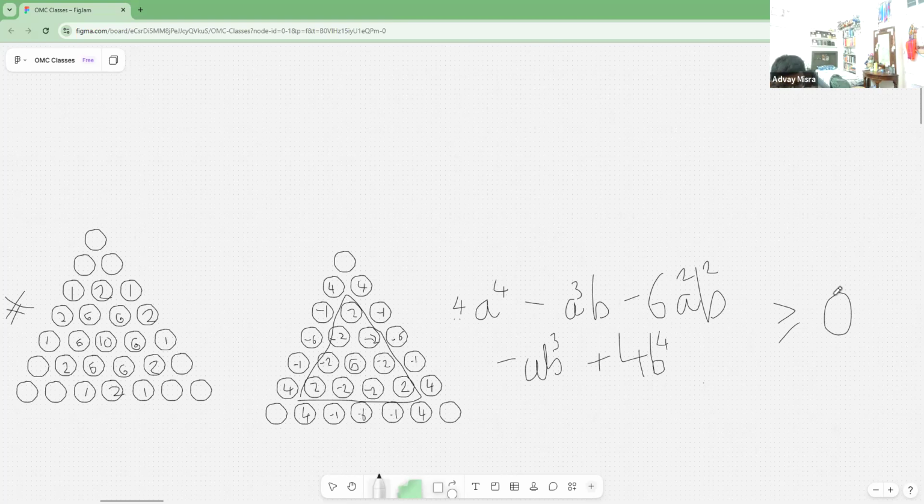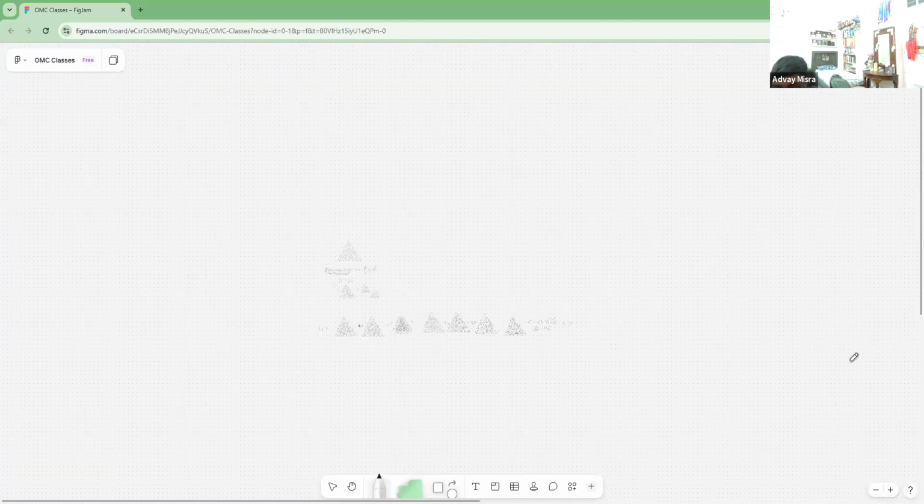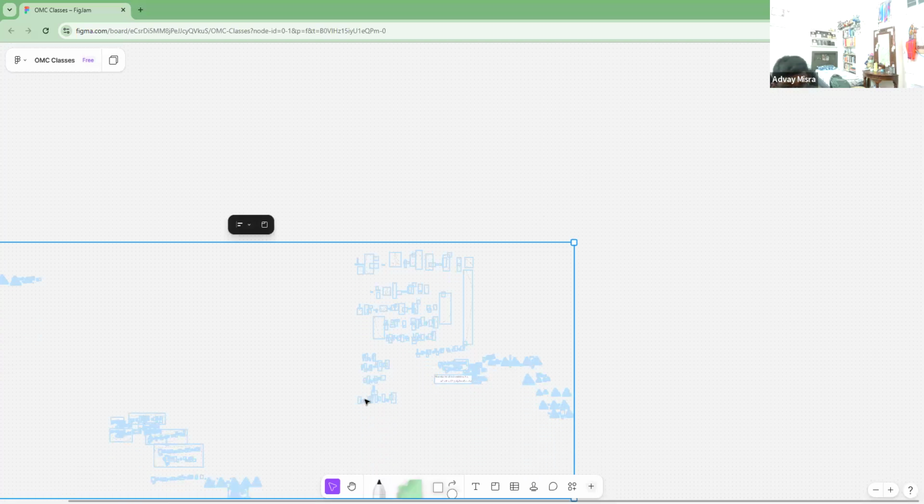So any ideas? Remember that lemma I mentioned when we were doing SOS, that if I have a polynomial, let me just go back to the main area.